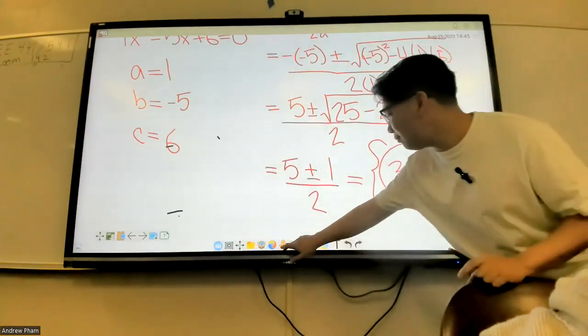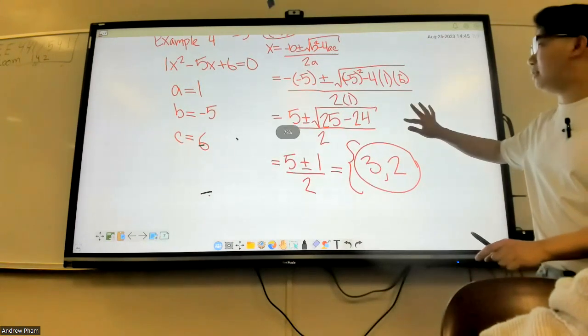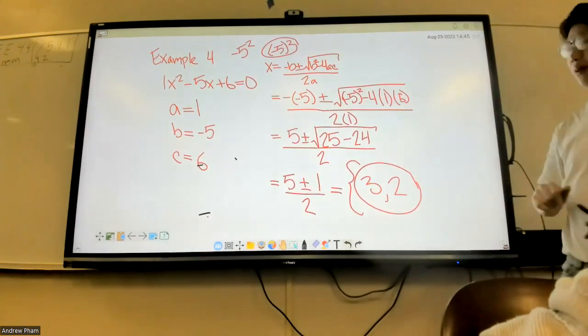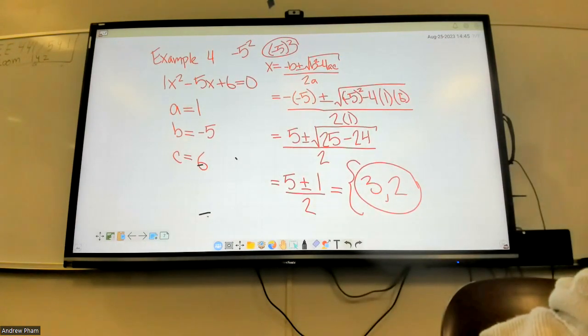Yeah. Let me shift this down like so. All right, so that's all the time we have for today. This is what we will be doing for quadratic formula. There is a fourth method that we don't really talk about, you might have heard it called the AC method.